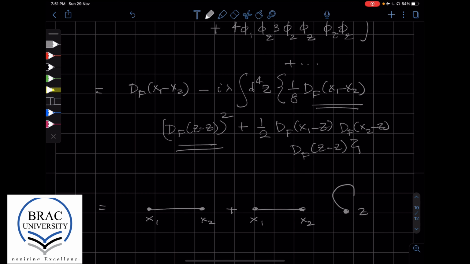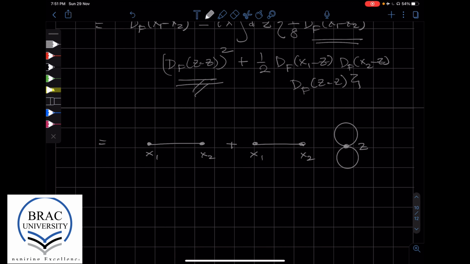There'll be this Feynman propagator ending in the same point, and there'll be another Feynman propagator ending at the same point. So that's this term. And then the third term is going to be: x1 will be connected to the point z, and that's this factor, and this factor is x2 connecting to the point z, and this factor will just connect z to itself. So this is going to be the third term.